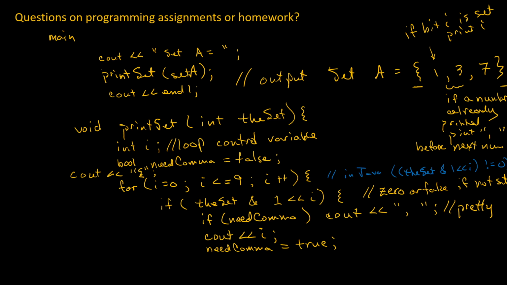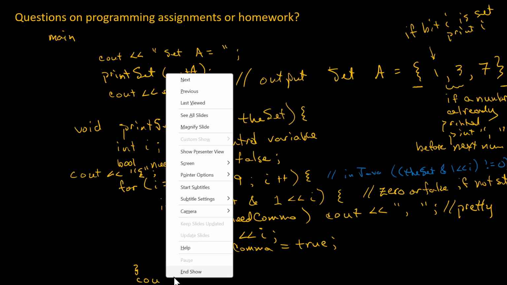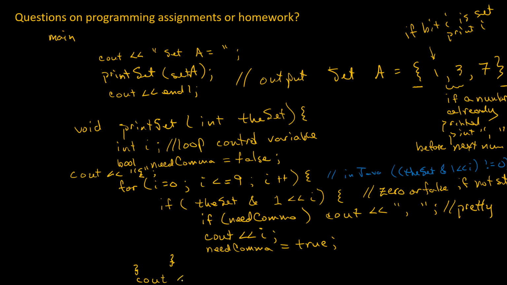So the first time through here, whatever the first number is does not have a comma space in front of it. Every other one does. So that is the end of my if here, and then I've got the end of my for loop. And then down here I would have cout, and I put my closing curly brace.